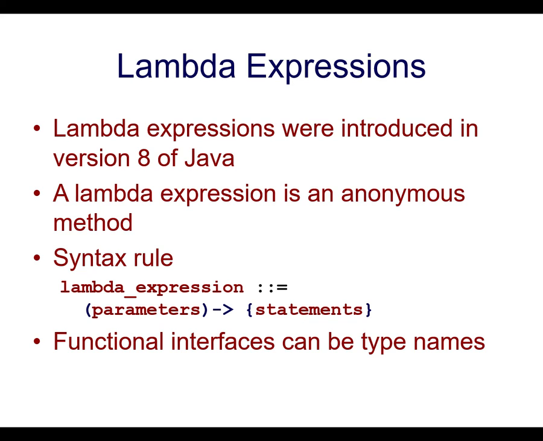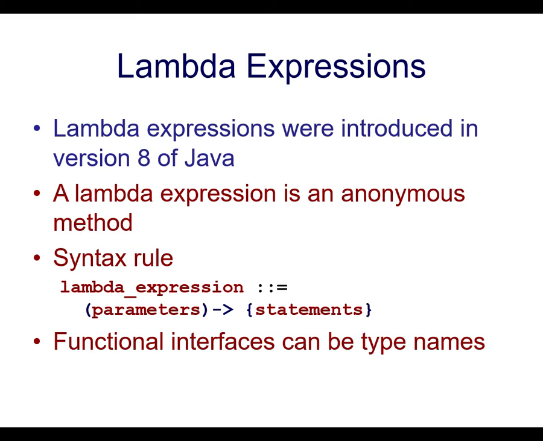For that reason, such methods are often referred to as callbacks. Because Java does not permit this ability, it becomes necessary to wrap the callback method in a class, instantiate an object of that class, and pass the object as a parameter.